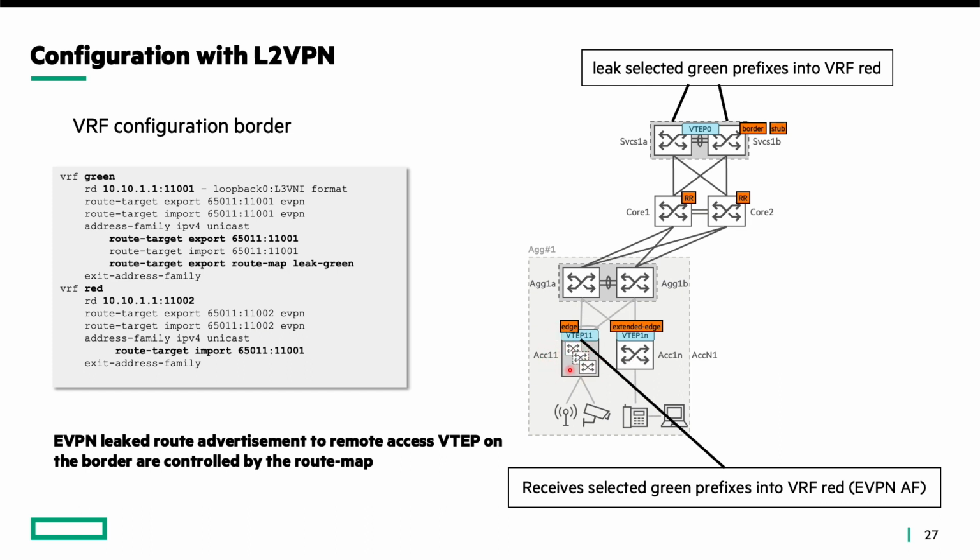So this is the way we have to go, through the IPv4 or IPv6 address family, but not the route map directly on the EVPN address family, which is not applicable.